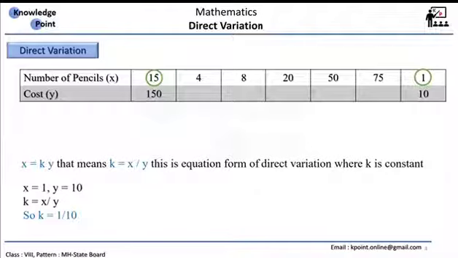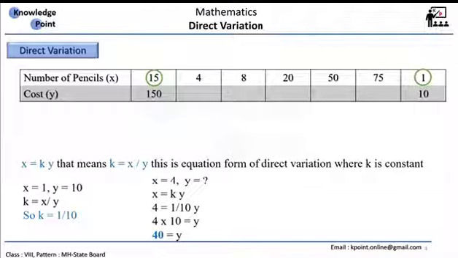Now with the help of this value, we can find out the cost of other numbers of pencils like 4, 8, 20, 50 and 75. So let's see how we can find out the cost. Let's take the example of 4 pencils. We know x is equal to 4, but we are not aware of the value of y, which we need to find out.